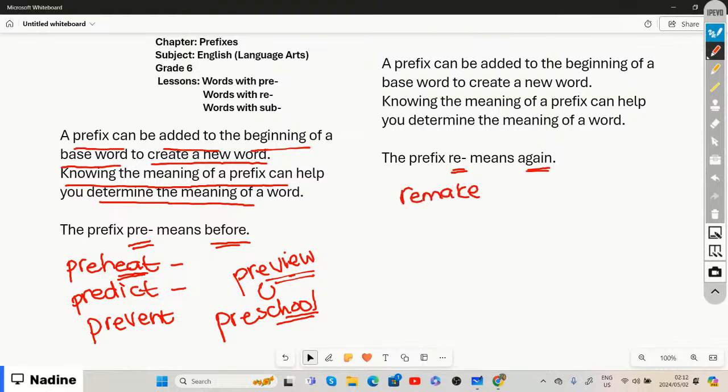It's to make something again. Remix. It's like you have a specific song, but you are mixing it again, or remixing it. Refill. Meaning that your cup was full, but now I'm filling it again.